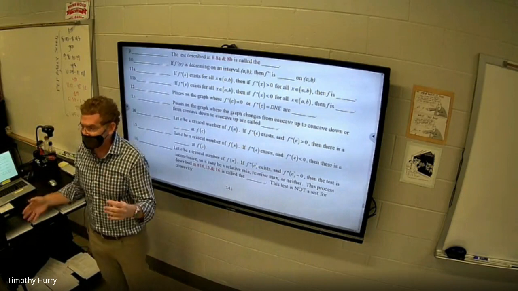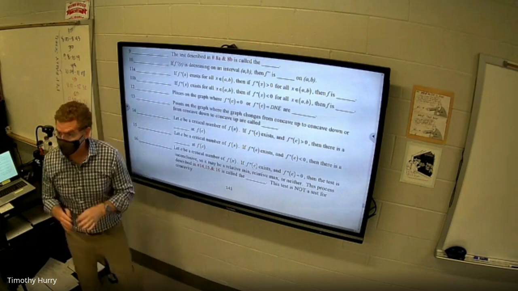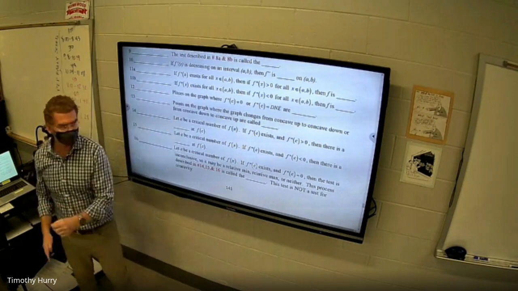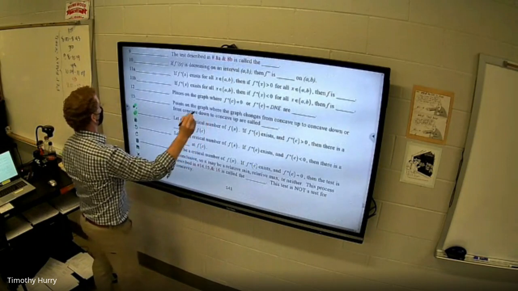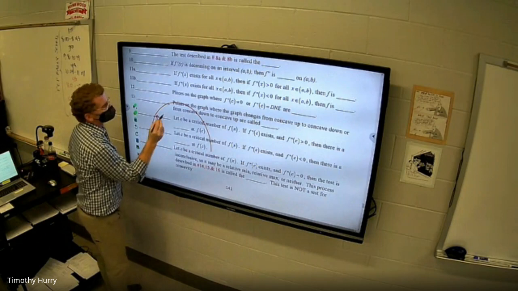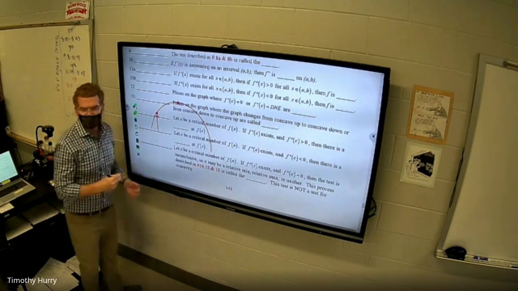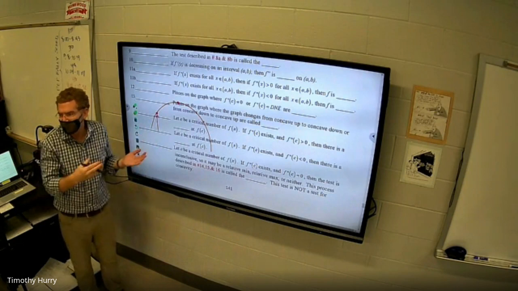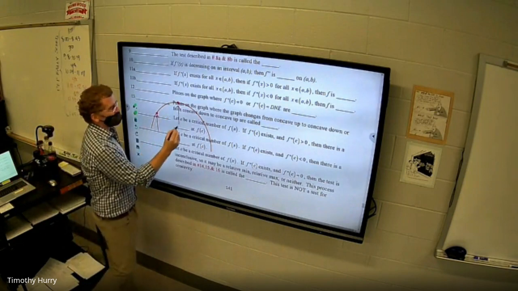But no, negative means concave down, must have been a relative max. But again, it's got to be a critical number. If it's not a critical number, it could be just a big parentheses. If the critical numbers only are going to be here, you might have just checked that. Just because it's negative doesn't mean it's a relative max there. It would have to be at a C value right there.